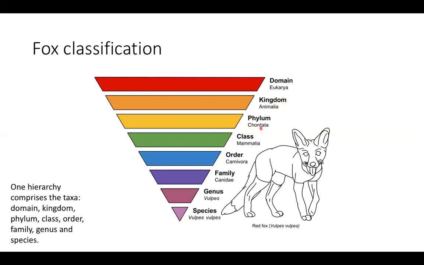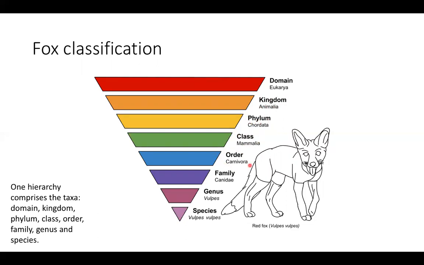Within the animal kingdom, it finds itself in the phylum Chordata. Chordata means it's got a cord, it's got a spinal column. Within that Chordata classification, within that taxon, it then finds itself a mammal as opposed to a reptile or a fish, which are also animals with backbones. Within that mammalian class, it finds itself in the order of carnivore.